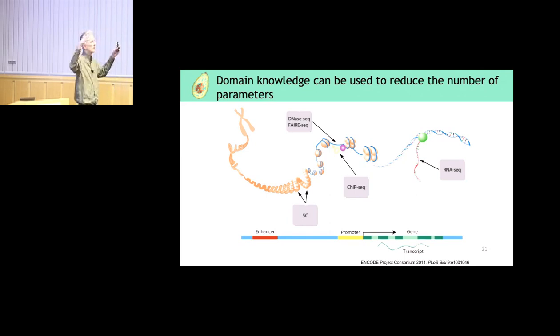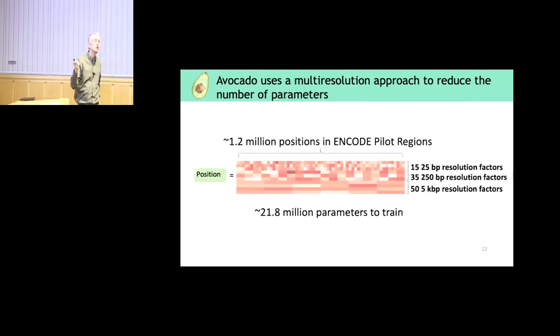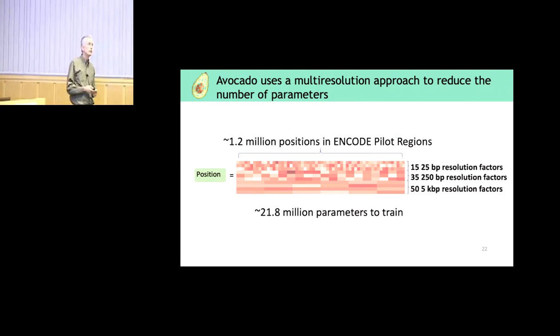Whereas histone modifications happen at the level of nucleosomes, which are more like 250 base pairs. And then you might have gene-sized or larger elements. And so what we did was divide our factors into some that are defined at 25 base pair resolution, some at 250, and some at 5 kilobase pair resolution. And so this reduces the total number of parameters in the model by about a factor of 5.